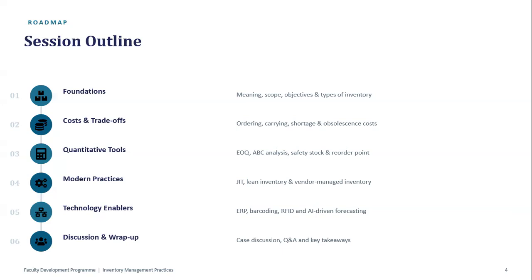After that, we will discuss modern inventory management practices, say just in time and vendor managed inventory. In addition, we will also cover digital technologies enhancing the inventory management system. And finally, we will discuss future practical recommendations and the key takeaways of today's session.